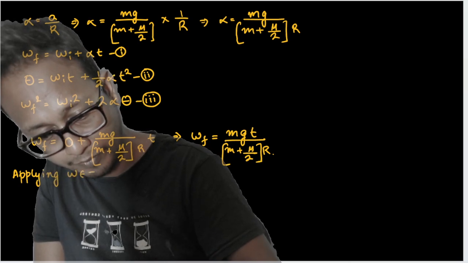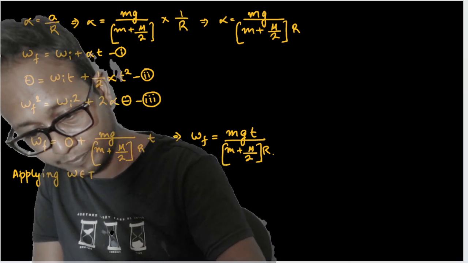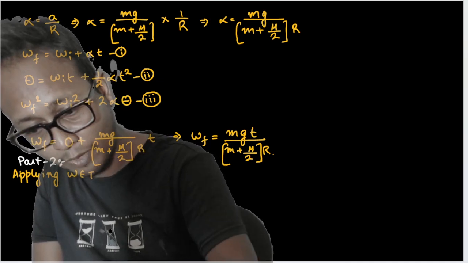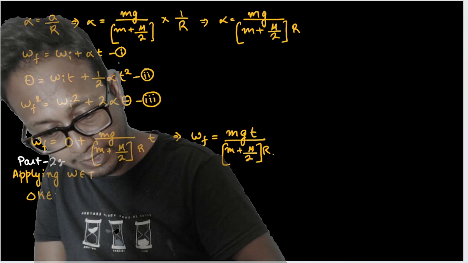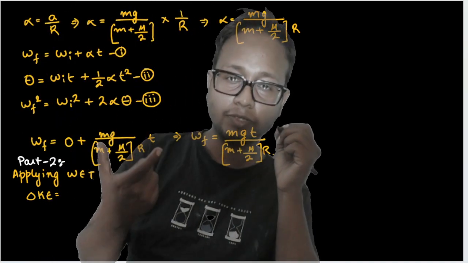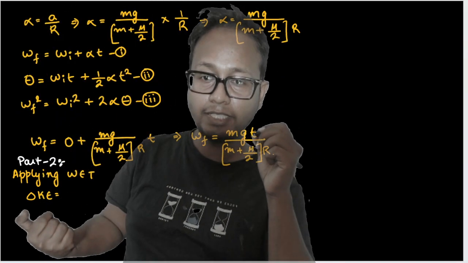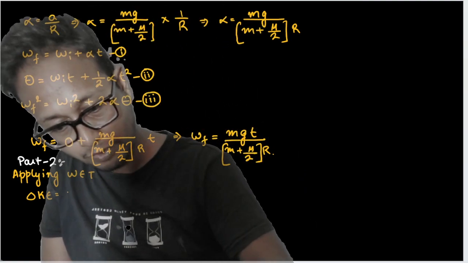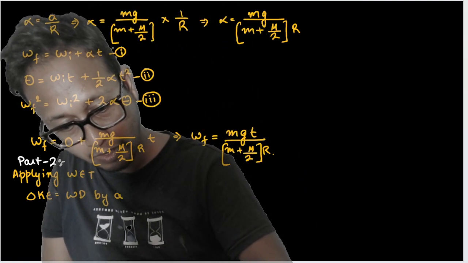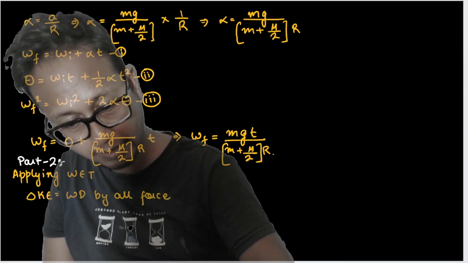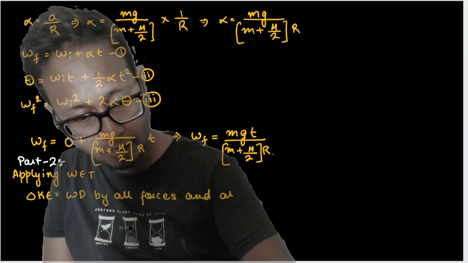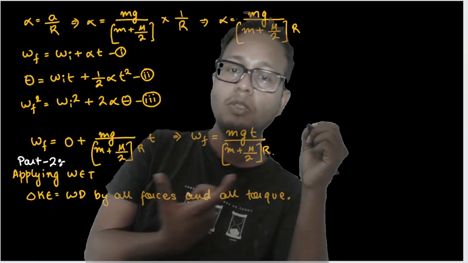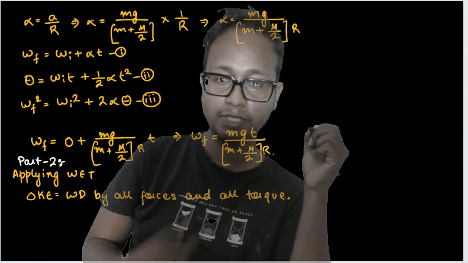Applying the work energy theorem. I'm doing part 2 of the question. Change in kinetic energy is equal to work done by all the forces and all the torques, where work done by force would be force into displacement, and work done by torque would be torque into angular displacement.